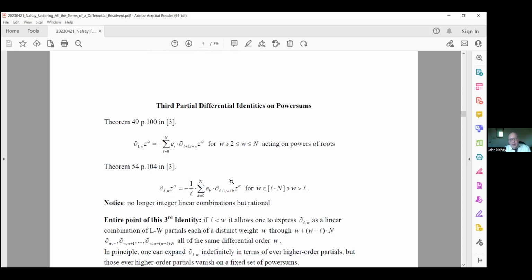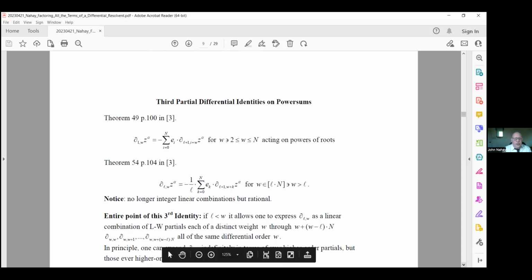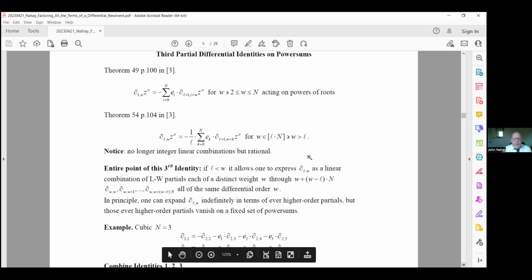So it's an expansion over rationals, not integers. The entire point of this identity is that it allows you to express an LW partial as a linear combination of partials of distinct weight, W through W plus (W minus L) times N. So all of the same differential order W.